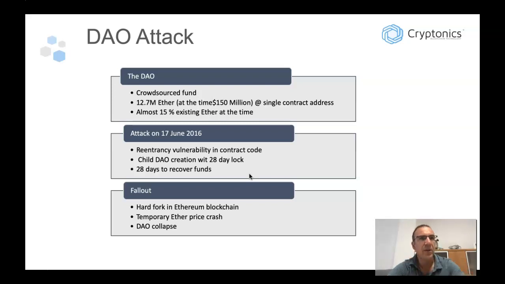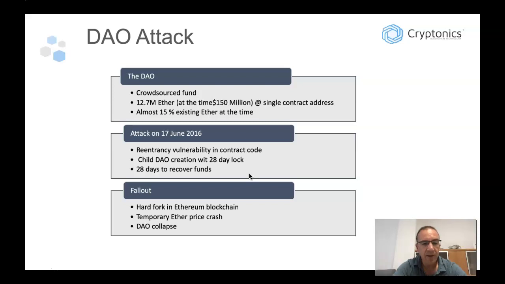And there was a big discussion whether code is law in this sense, and it should be allowed to go ahead, or if the state of the actual blockchain should be changed. And that caused a split in the community and a hard fork in Ethereum. And Ethereum Classic was born, which is actually a blockchain that follows the earlier history of Ethereum, where the DAO attack was allowed to happen. And in what we know as Ethereum now, they actually rolled back these and protected these funds.